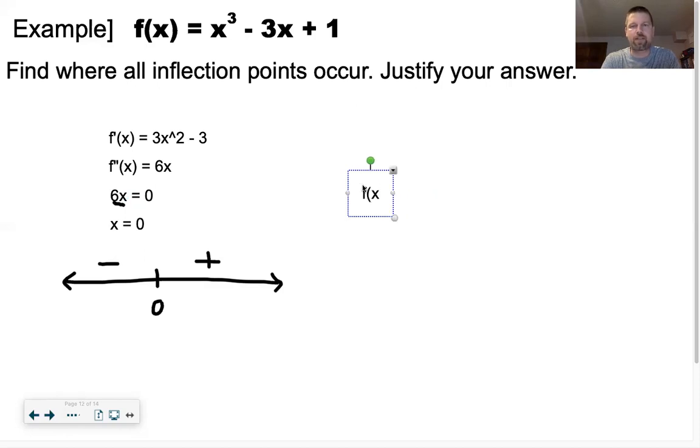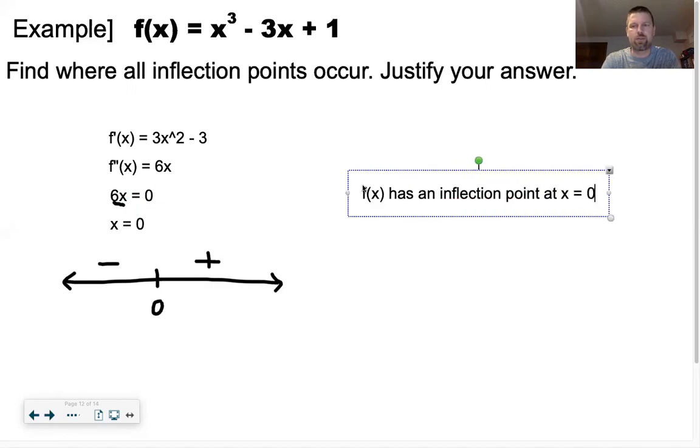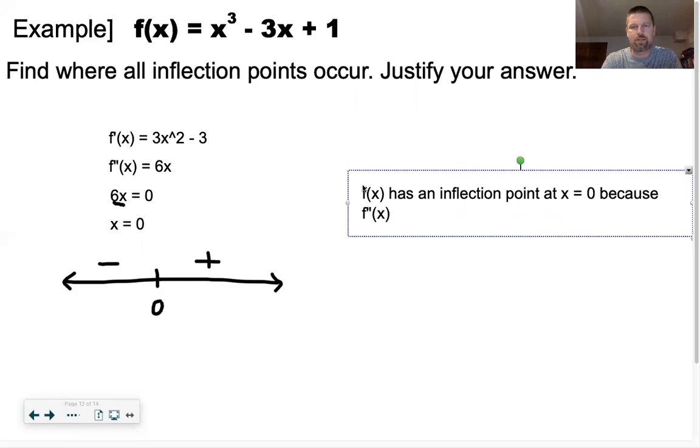f of x has an inflection point at x equals 0 because, and again, say why, f double prime of x changes sign at x equals 0. I don't have to say from positive to negative or negative to positive because any change in sign is going to be an inflection point.